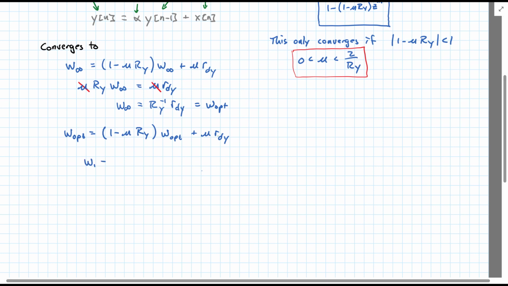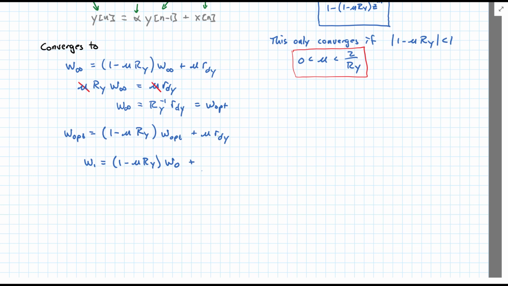Next, we're going to note that w1 is simply our initial guess or our initial condition after a single update. Now we can use this to plug into that equation and express the whole thing in terms of misadjustment, which does behave in a very easily described manner.